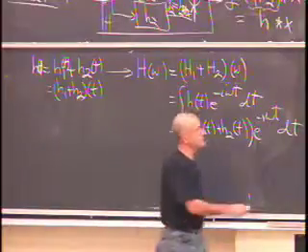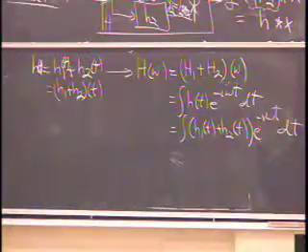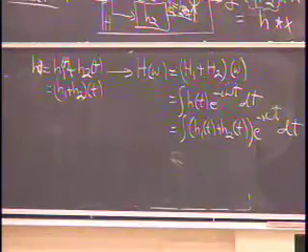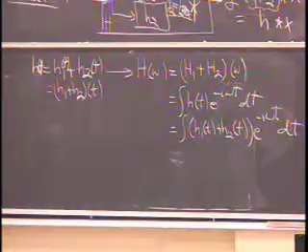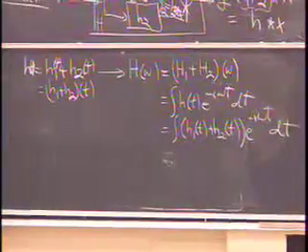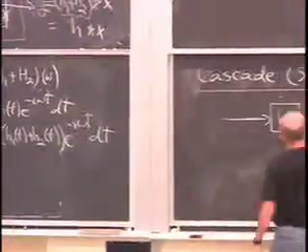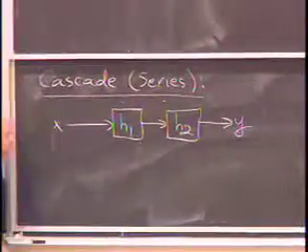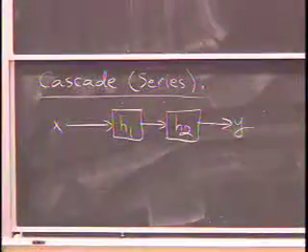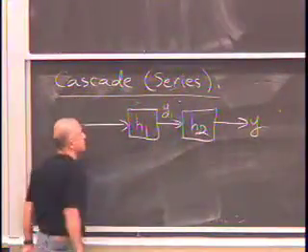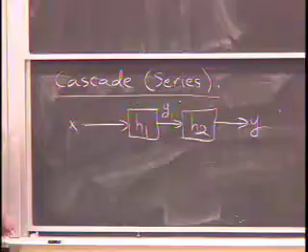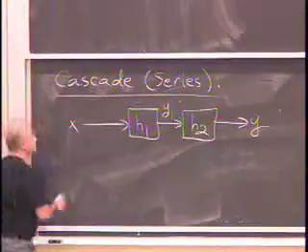The next configuration is cascade, or series. That's when you have H1 and H2 in this kind of a configuration. Okay? So if the intermediate signal is Y1, can you tell me what the... Don't blurt it out.